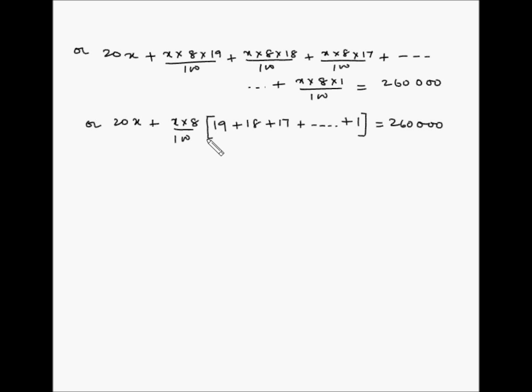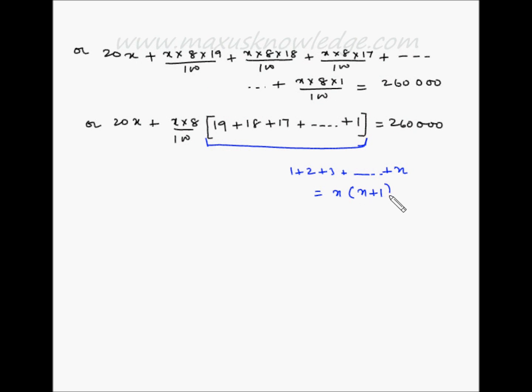Now let's just take this part and try to solve this. This is the same as 1 plus 2 plus 3 plus and so on up till n numbers, and we know that the sum of this expression is equal to n multiplied by n plus 1 divided by 2.